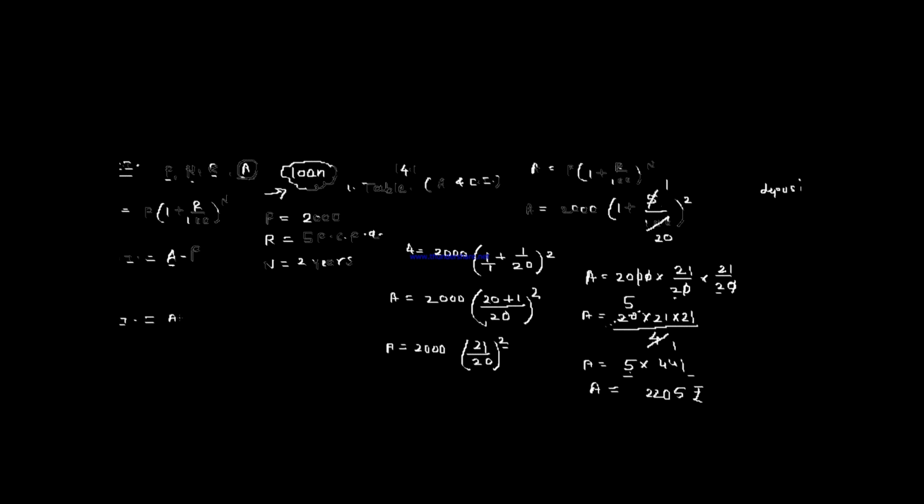Very simple, CI is equal to A minus P. If I go by the loan case, I paid a total of 2,205, but I actually took a loan of 2,000. So I simply do the subtraction, and the answer I get is 205. This is the extra money that I have to pay to the bank as the compound interest.